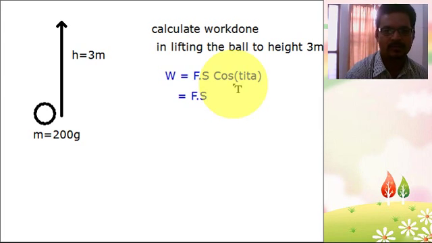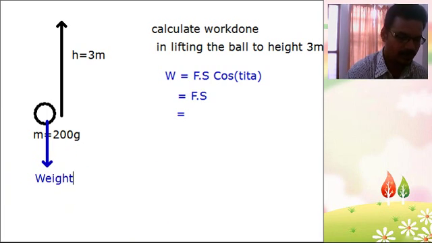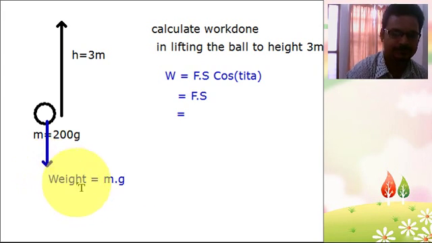Okay. Now coming to the value of force. What is the force value? The force value is not given, but you need to know that the ball has weight acting in the downward direction. What is the weight formula? Mass into acceleration due to gravity. The mass is 200 grams.